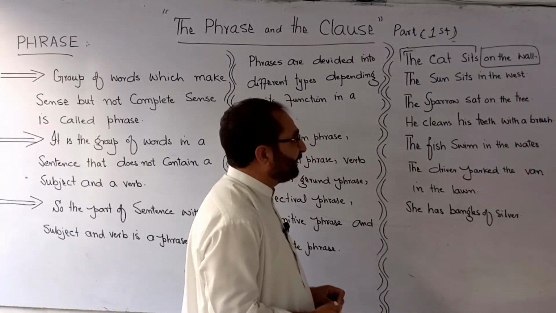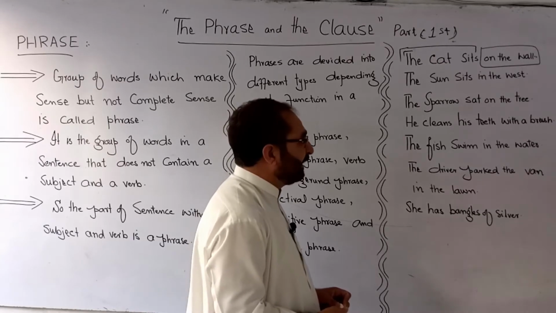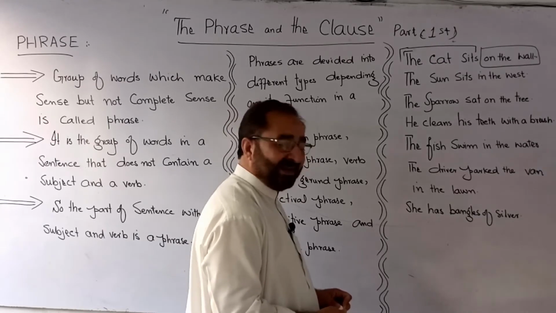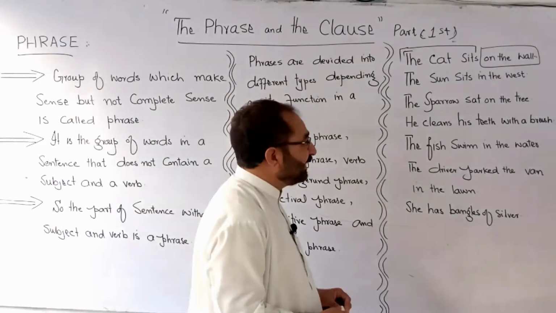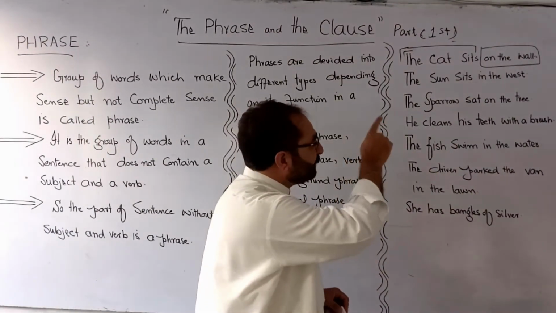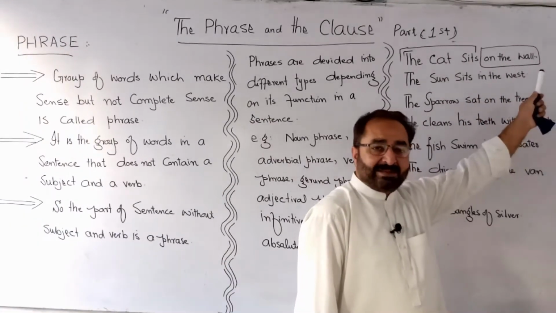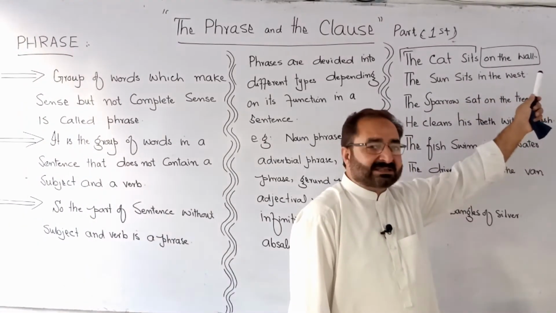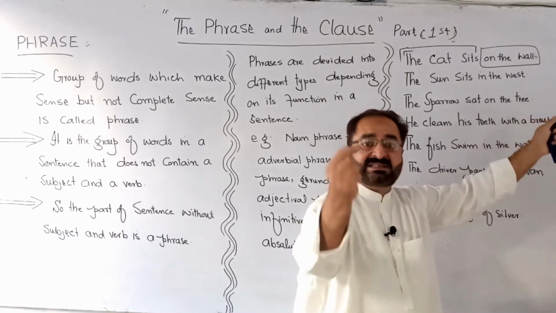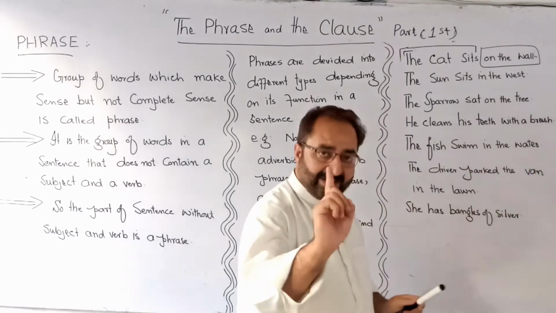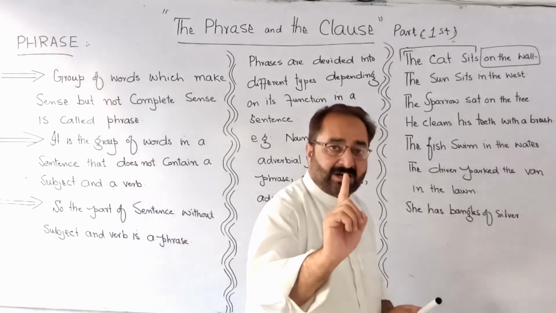These words are able to give us a sense, but the sense they give us is incomplete. So this part of the sentence, on the wall, is not able to give us a complete meaning. Well, this is one characteristic of a phrase.